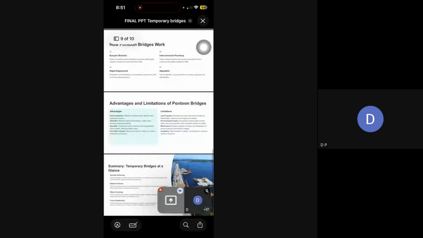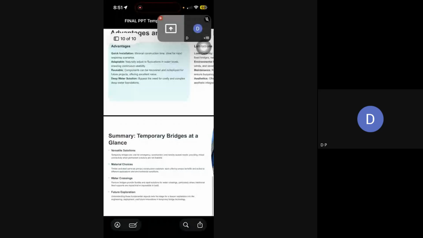Summary of temporary bridges at a glance. Versatile solution: temporary bridges are vital for emergency, construction, and remote access needs, providing critical connectivity when permanent solutions are not feasible. Material choice: timber and steel serve as primary construction materials, each offering unique benefits and suited to different applications and environmental conditions.